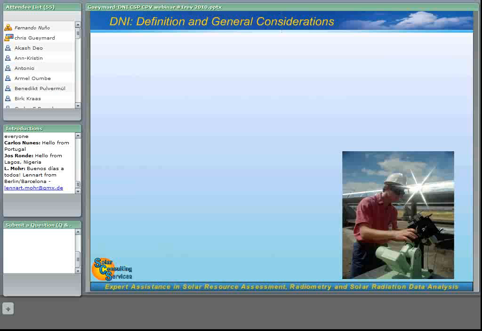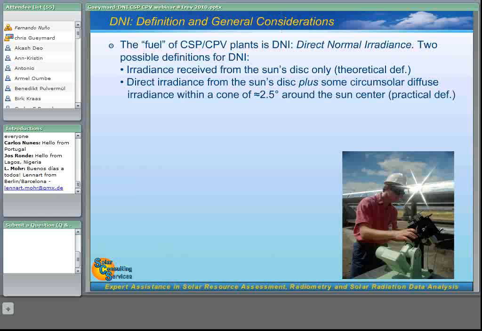So first, some definitions. As I said, the fuel for CSP and CPV plants is DNI, which is direct normal irradiance. And this is the direct radiation coming straight from the sun's disk, and at a normal incidence, which means that if you want to track the sun with a 2-axis tracker, you will get the full DNI coming from the sun.